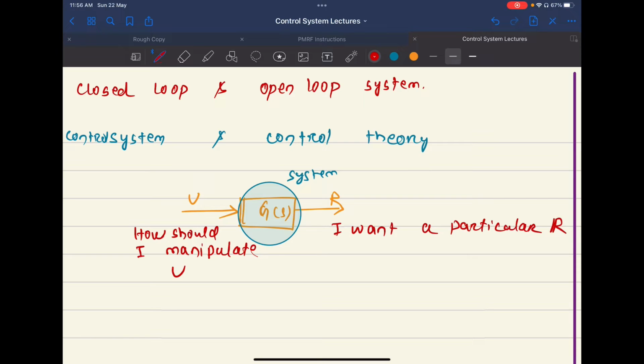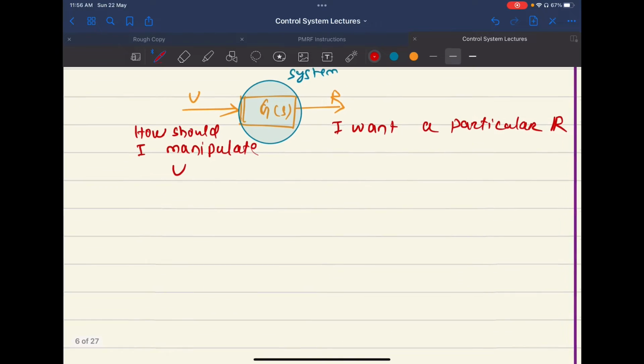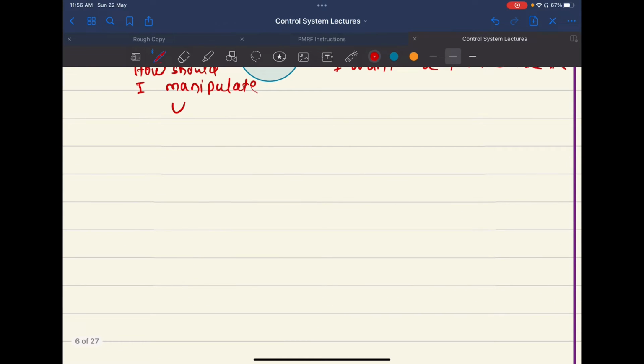That concept is called the control theory. This we had discussed in an earlier lecture.